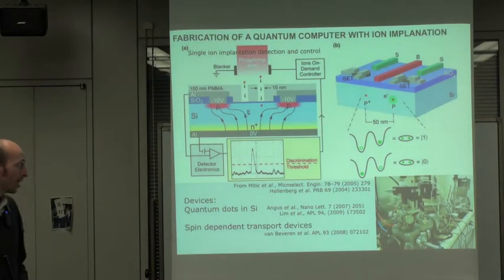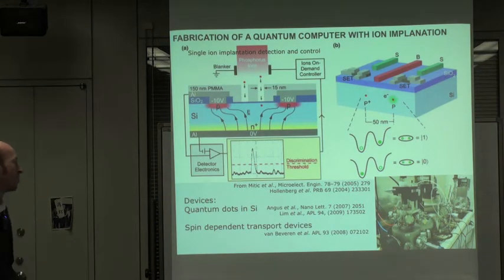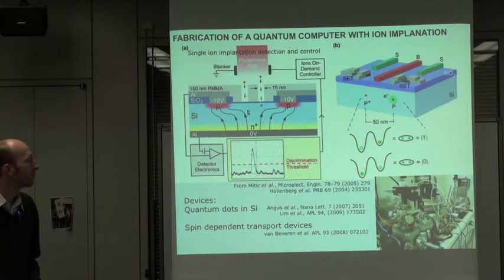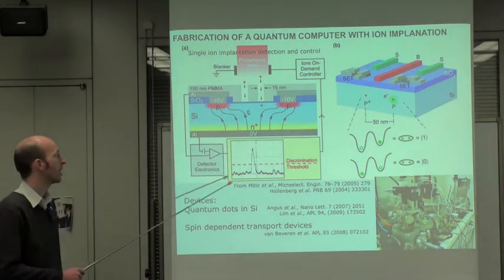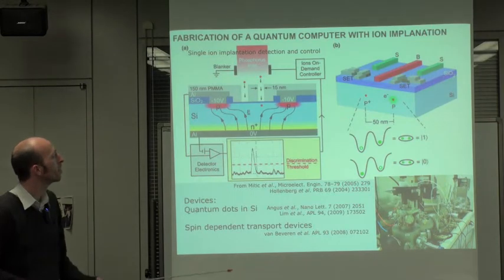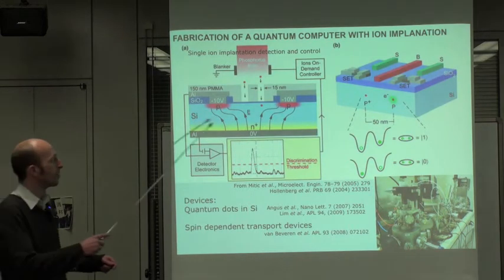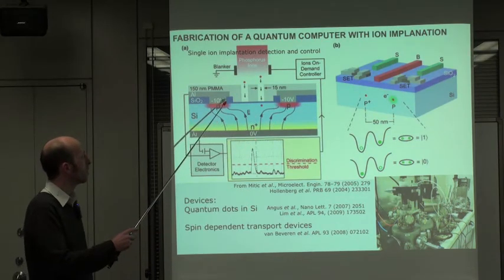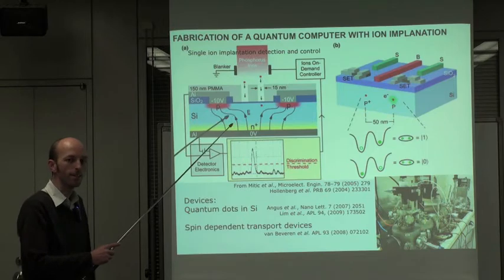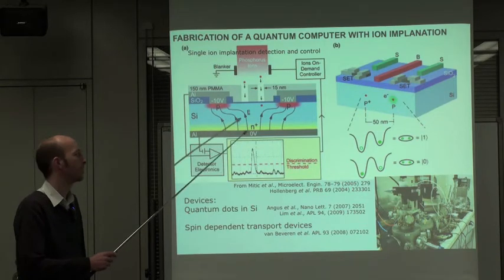At Melbourne, we use ion implantation partly to try and fabricate our quantum computers. We're mainly looking at the phosphorus in silicon system. This is a schematic of the type of single ion implantation technology that we've developed. We have our substrate chip where we want to make our device, but it's also got a PIN type detector incorporated into the design.